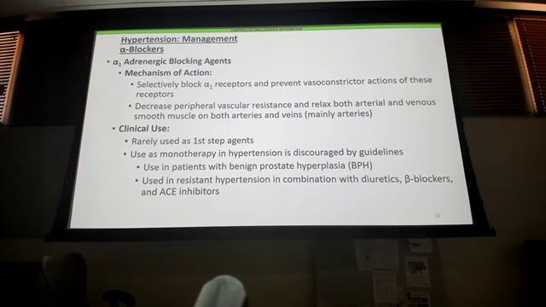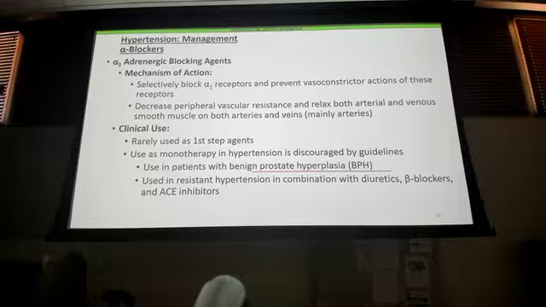So those were our primary agents, but then we talked about some other agents that could be used in conjunction, or we need to be careful if we were to prescribe these to treat a different medical condition. We need to be careful about their effects on blood pressure. And the first one was alpha-1 adrenergic blocking agents. And typically we're using these now to treat elderly male patients who have BPH to help them be able to urinate better.